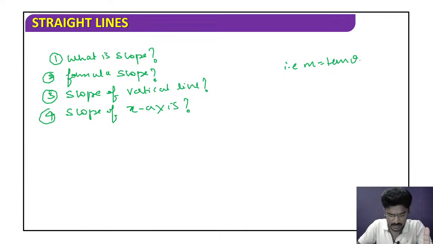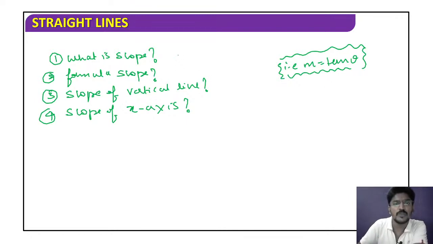You have to write angle made by line with x-axis in the positive direction, that is m equal to tan theta. This must be there. Without this your definition is not complete. Okay.